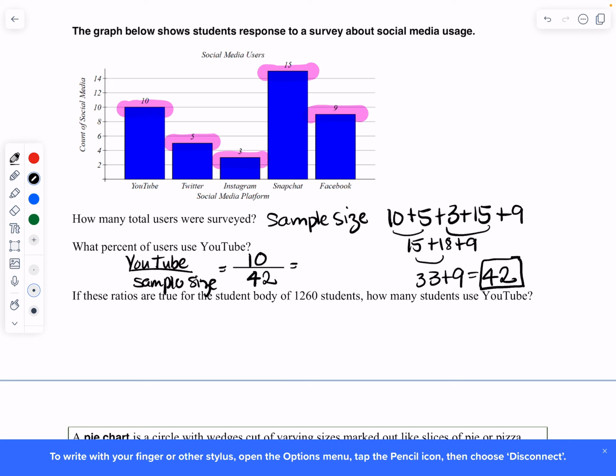When I do that, I get 0.238 is what I meant to say. So 0.24 is when I round it up. So this equals 24%, changing it from decimal to percent.